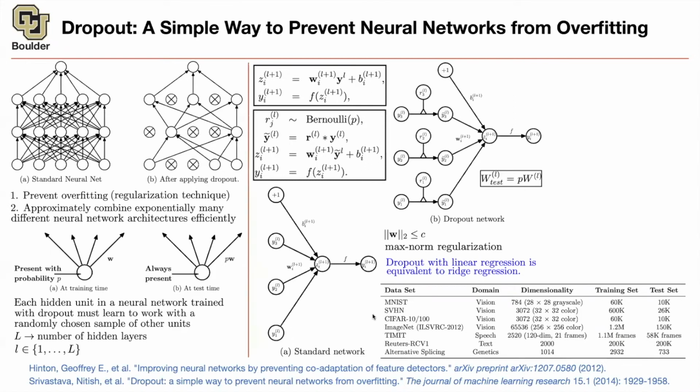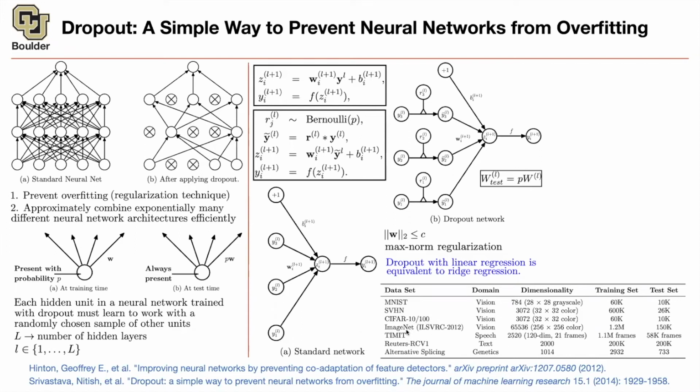MNIST is the digits data set. Street View House Numbers are numbers coming from Google taking images, Google Earth. CIFAR-10 and CIFAR-100 are low resolution images, and they have 10 labels and 100 labels, respectively.